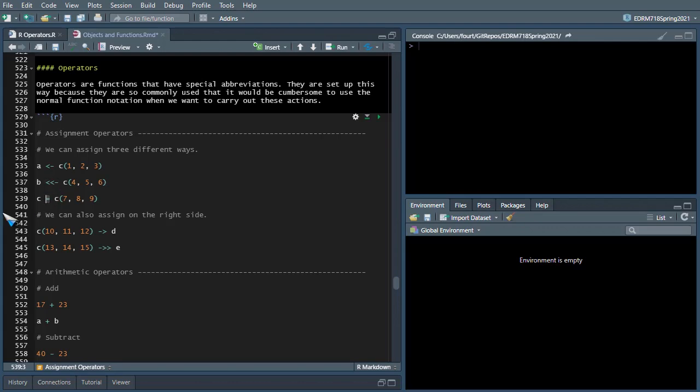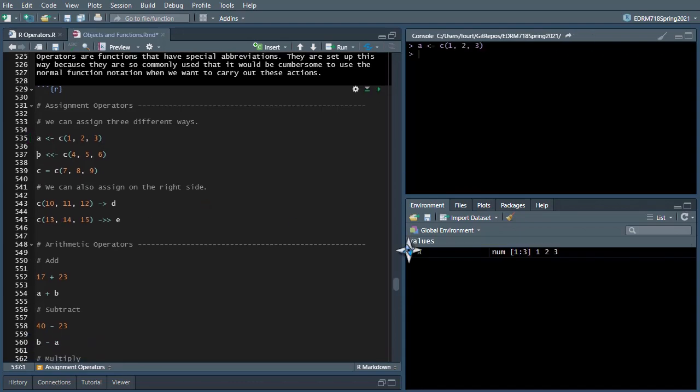Now I discourage the use of the equal sign because equal often means that we're equating, and as we'll see, we're going to use multiple equal signs to check to see if things are equated. So I really recommend you use one of these first 2 assignment operators, whichever you prefer. So if I run this line, you can see that now I have an object A that has the vector 1, 2, 3. Here's B, 4, 5, 6, and here's C, 7, 8, 9. These all do the same thing.